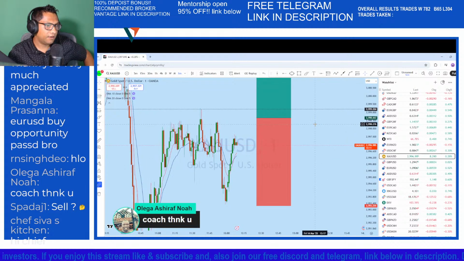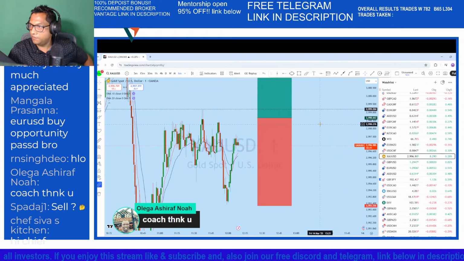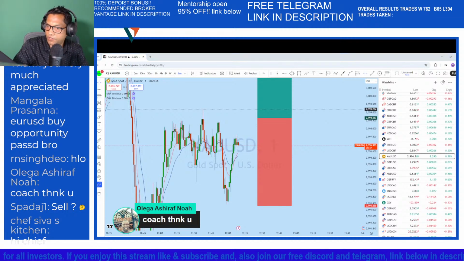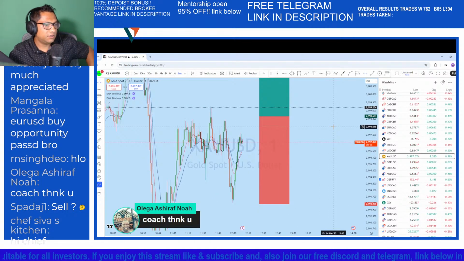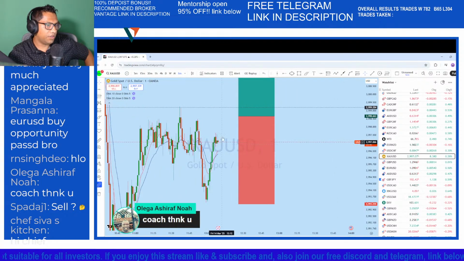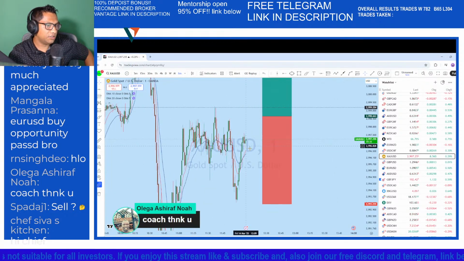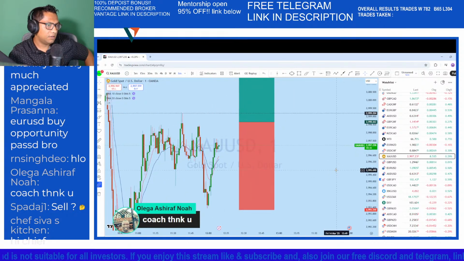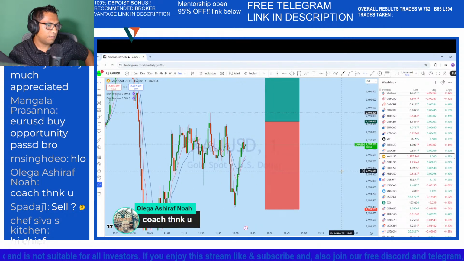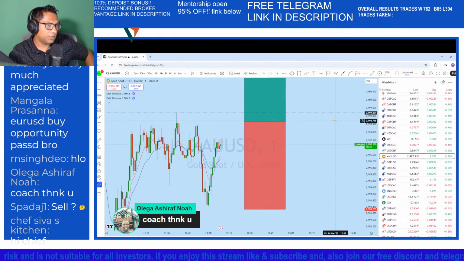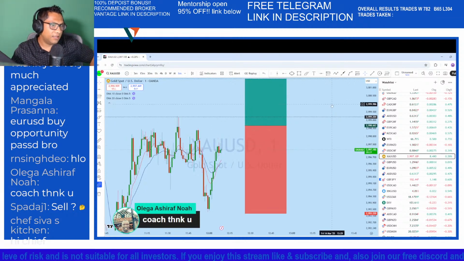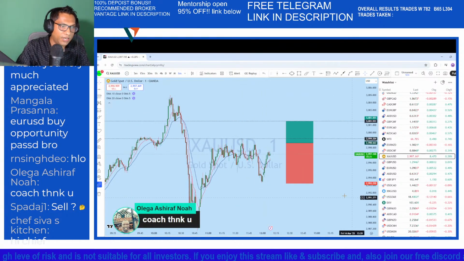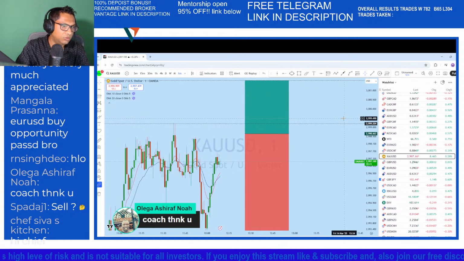But here, it might be showing some consolidation pattern in that area. And if it is showing consolidation, that's why we place the pending order above this level. If it breaks that high, that's where we will see that the trend is potentially to the upside.